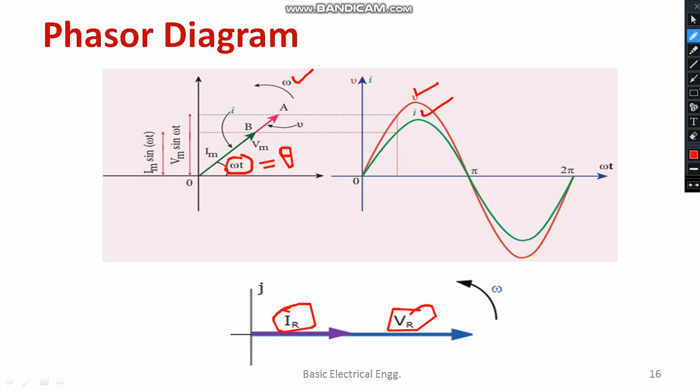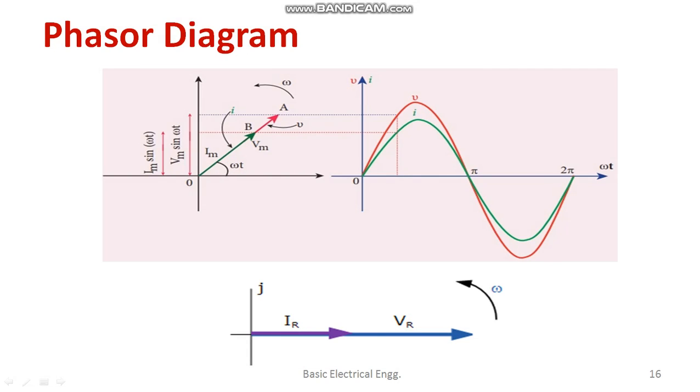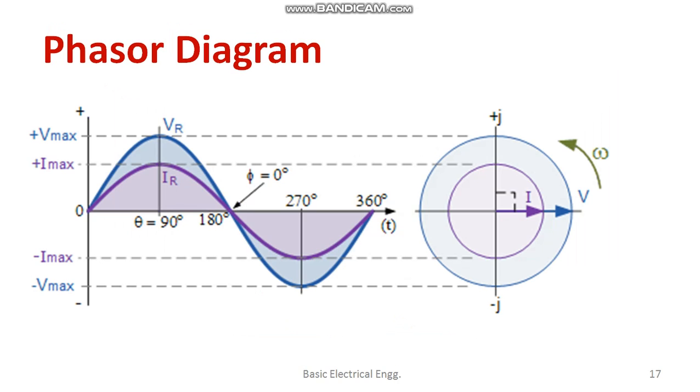So what are the advantages of phasor? We will understand very clearly that in a pure resistive circuit, both current and voltage are in the same phase. There is no phase difference between current and voltage, but the amplitude will differ.